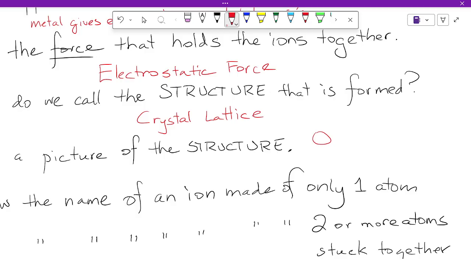So we would have a positive ion next to a negative ion next to a positive next to a negative. Negative next to positive and negative next to positive.